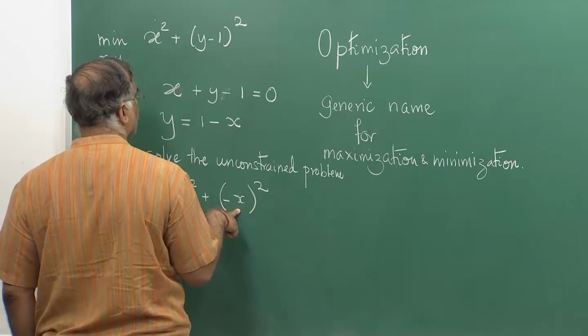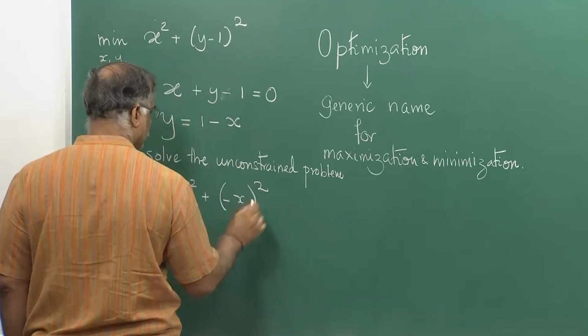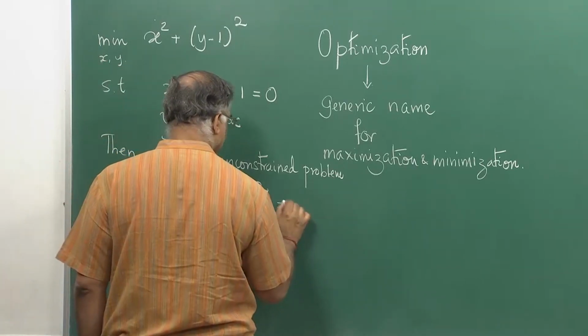So, I have replaced it here. So, what do I have? This is 2x square.